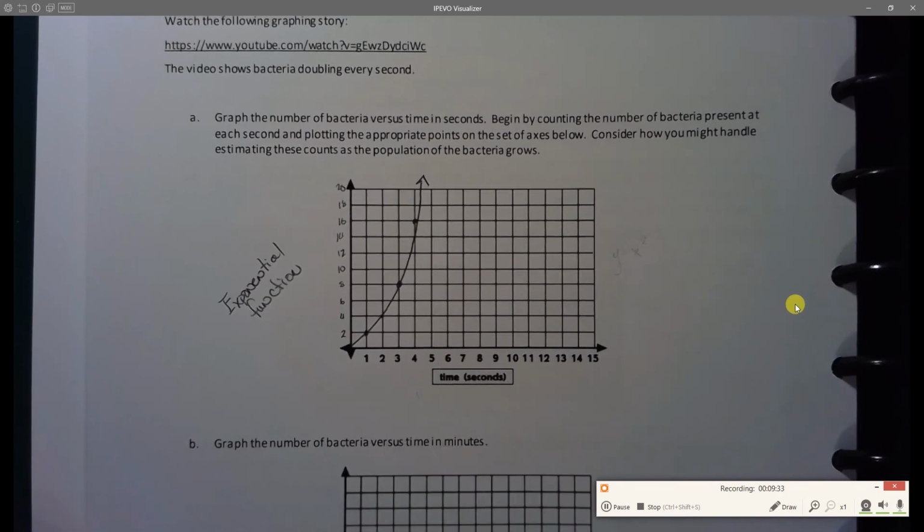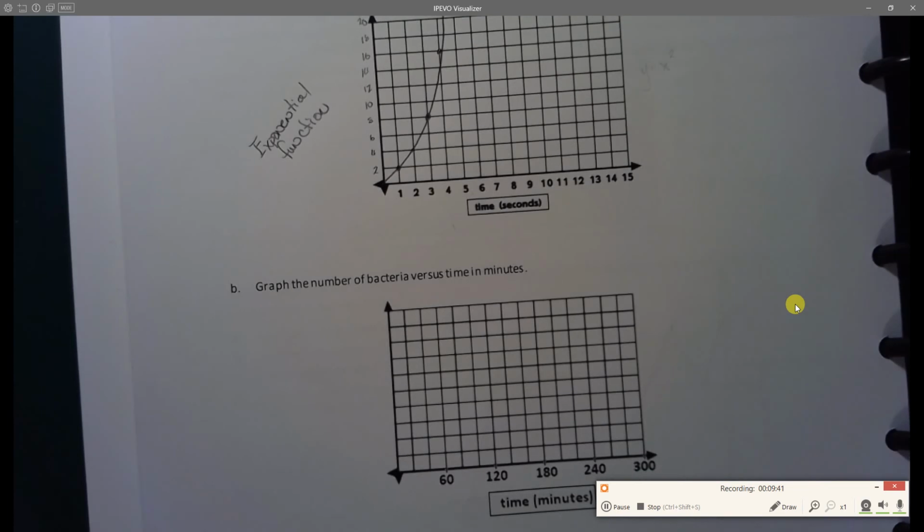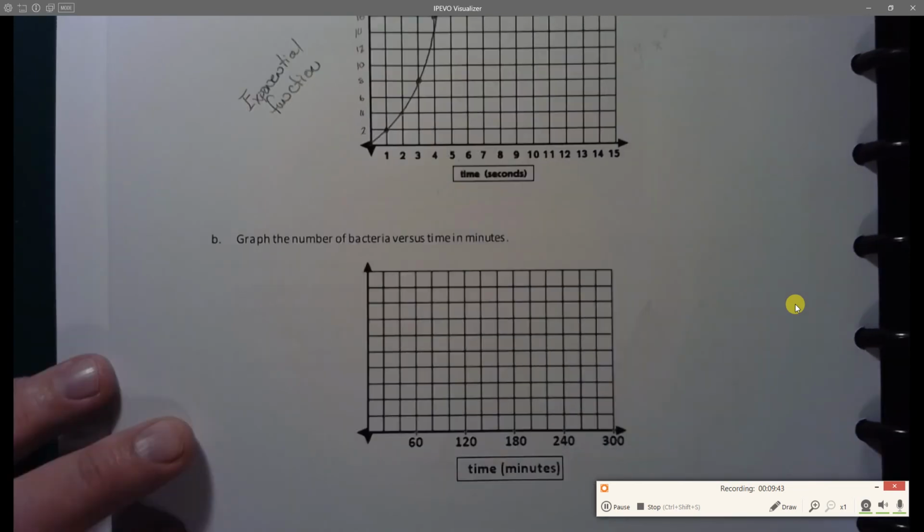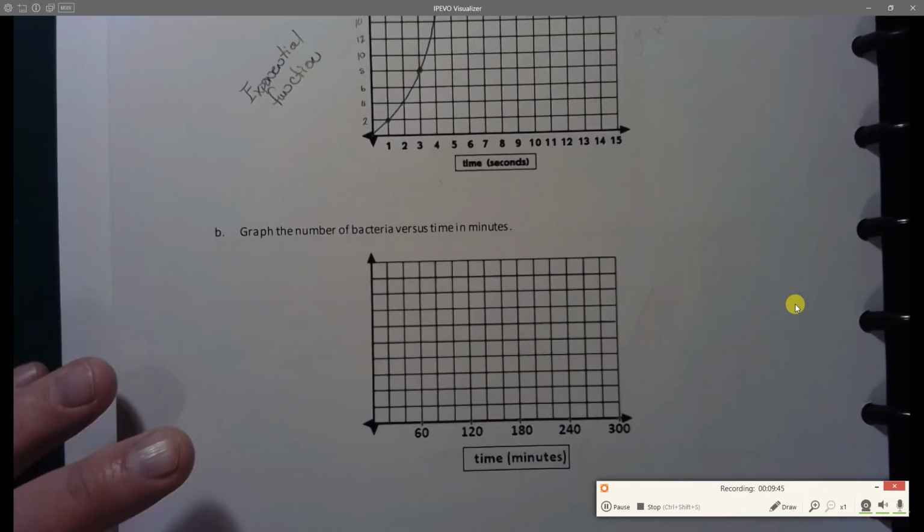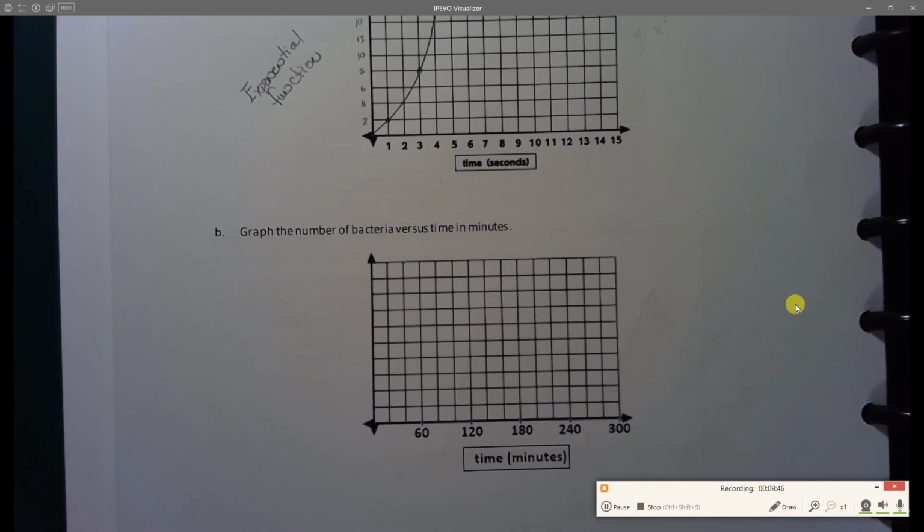You know what? Hold on a second. See, the thing is that right now I can't tell you exactly how many bacteria there were in a certain number of minutes because I don't have the video.